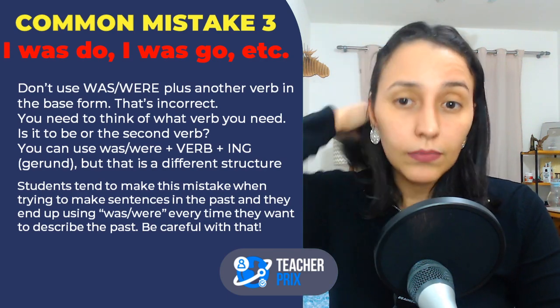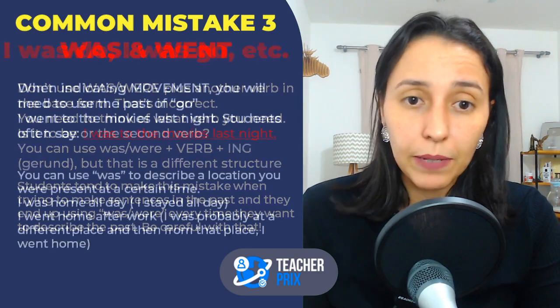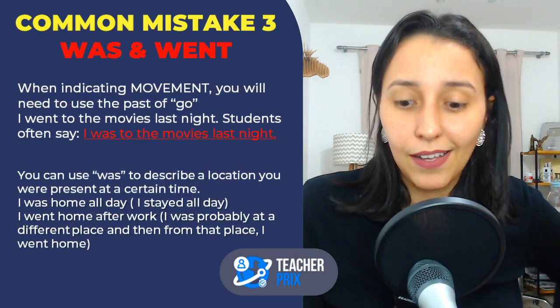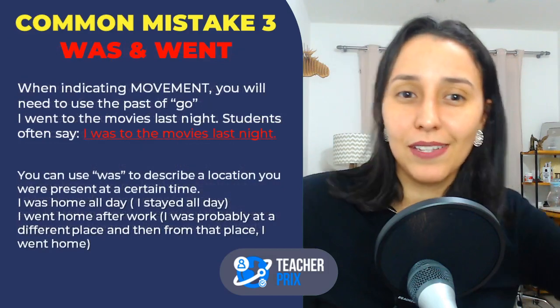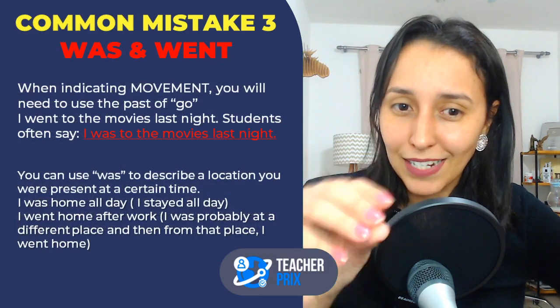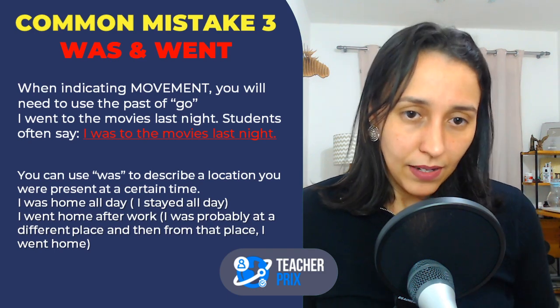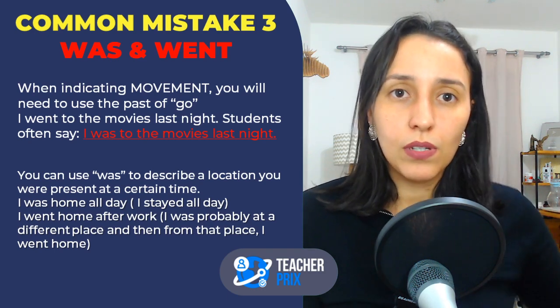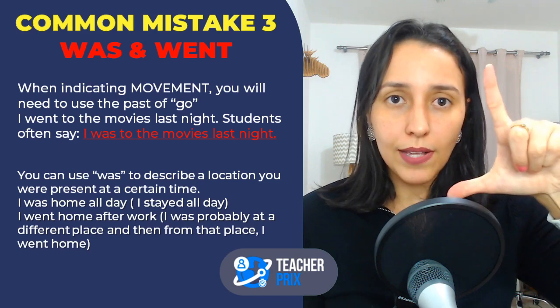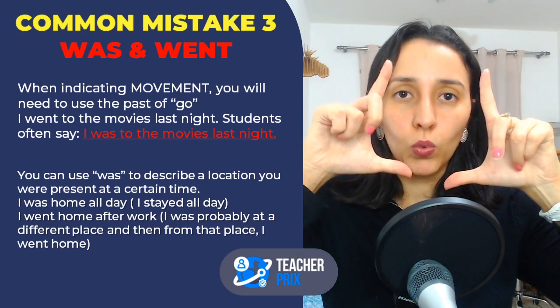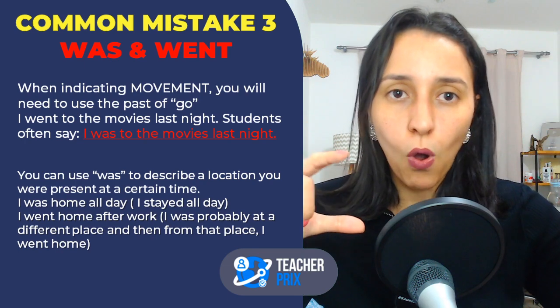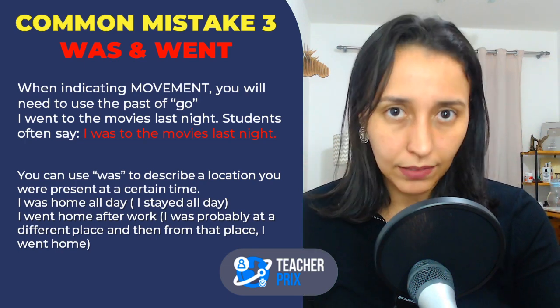I'm not sure. Now, be careful with mistake number 3. And last mistake, mistake number 3, and then we continue. Mistake number 3, okay? This is mistake number 4. Sometimes the students use was, verb to be was, and the verb go. The past of go is went, okay?